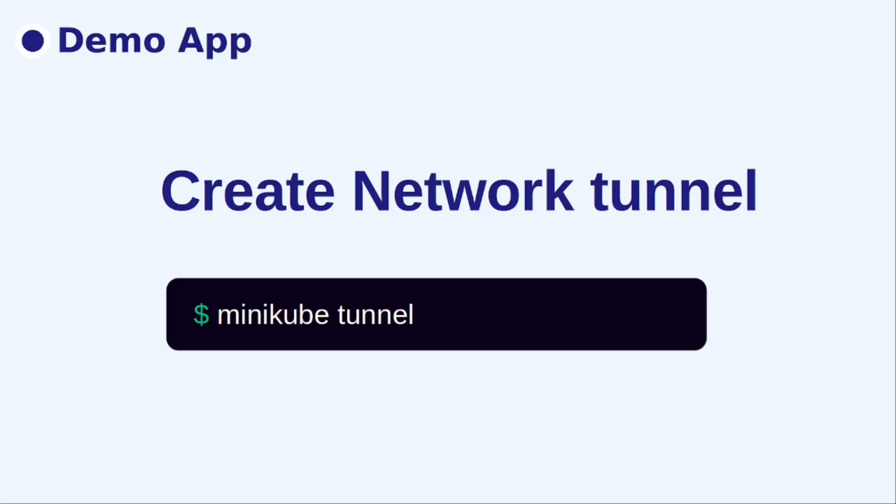To solve this problem, we run the command minikube tunnel. This command creates a network tunnel between your local machine and the Kubernetes cluster. It simulates a cloud load balancer and assigns an external IP address to services that need one.